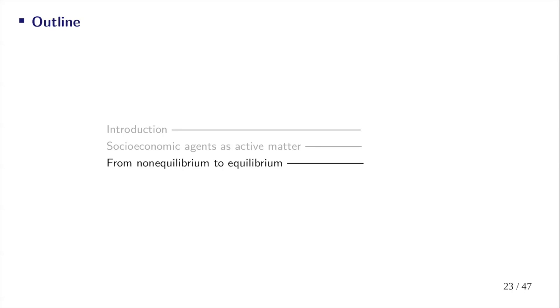And so this is where we go to the last part of the talk, which is to try to have a deeper understanding of this two-population model. So what are the two populations that we're going to consider?